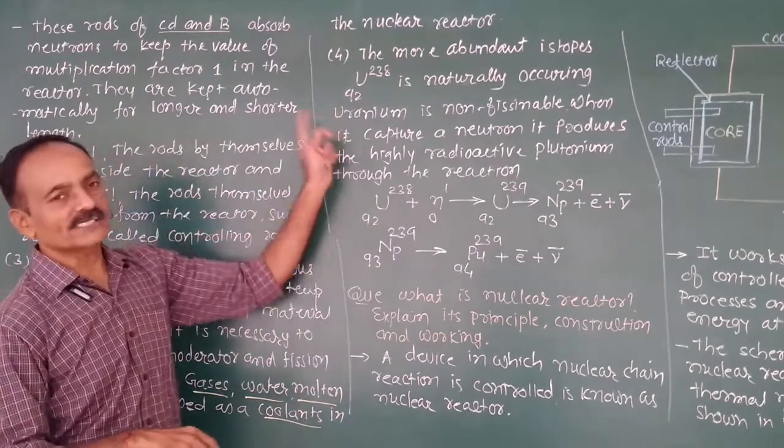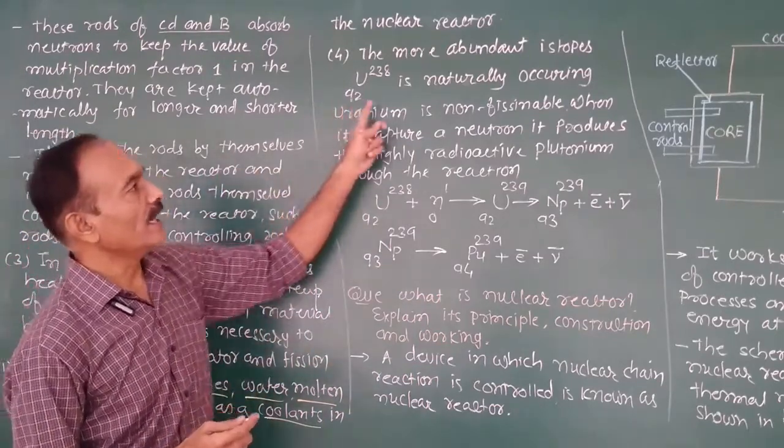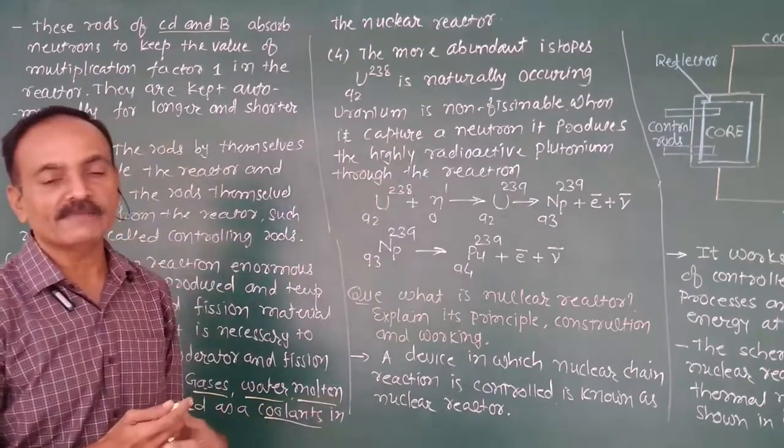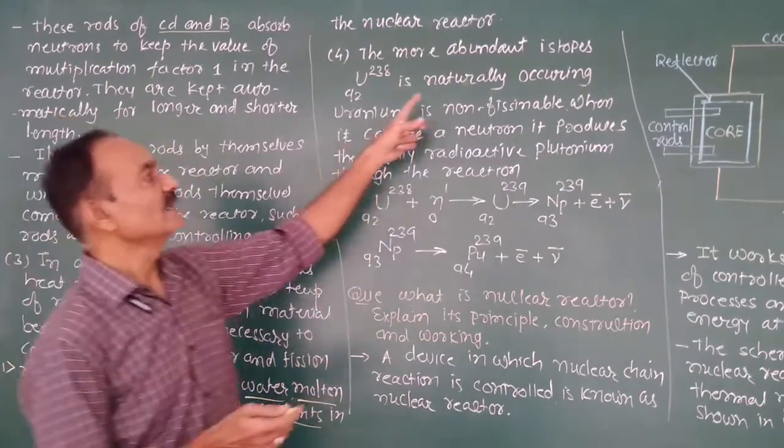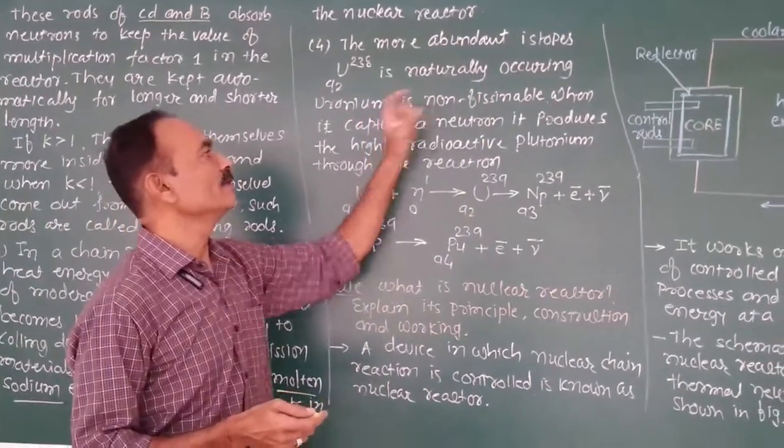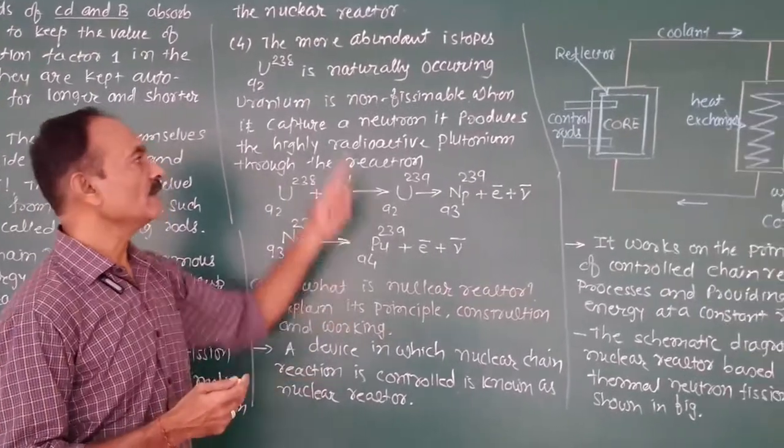Now, the fourth difficulty is that the more abundant isotope, uranium-92-238, in naturally occurring uranium, is non-fissionable.